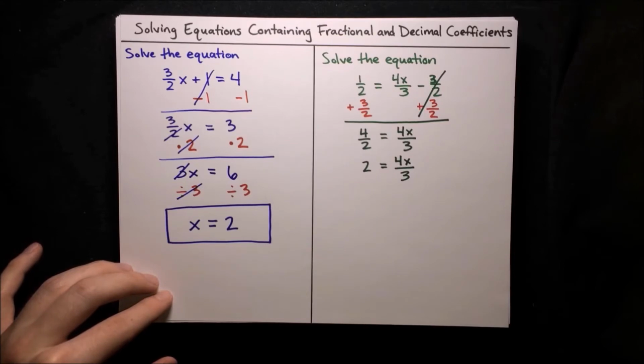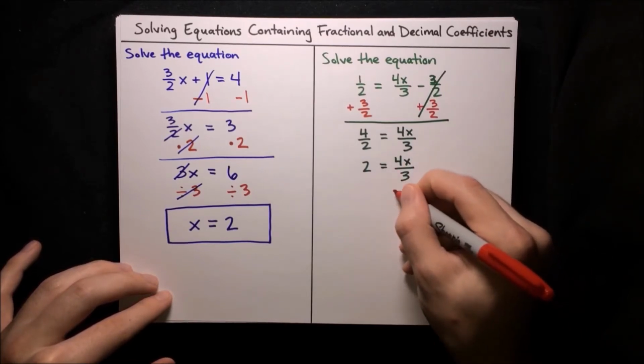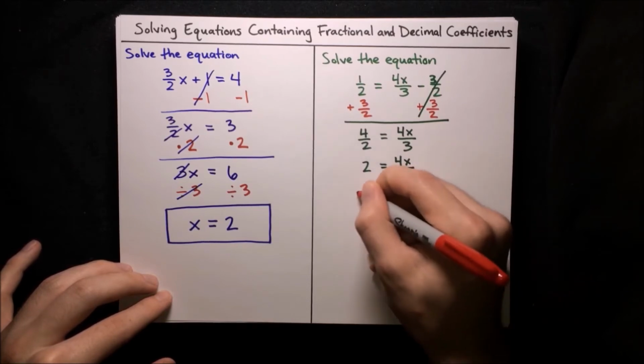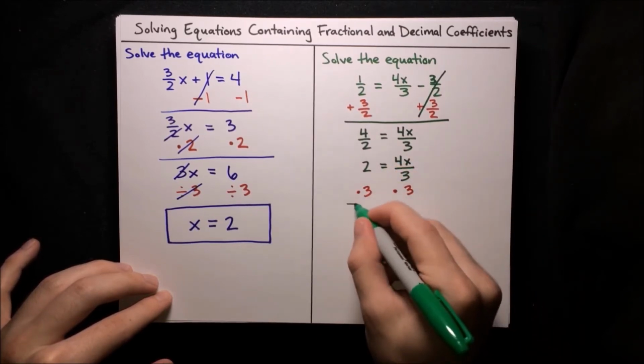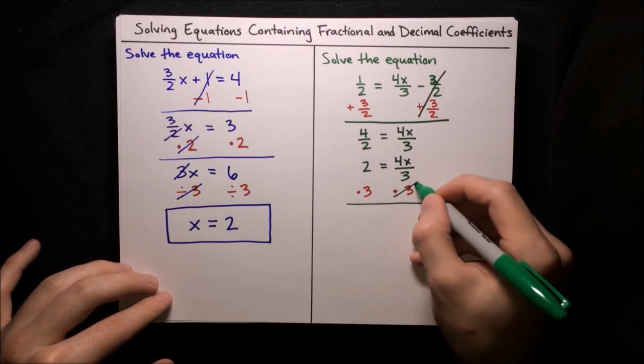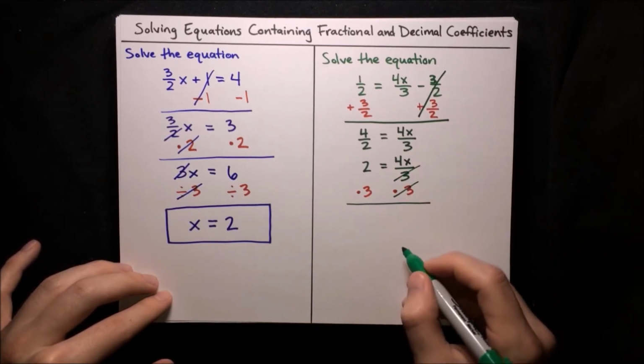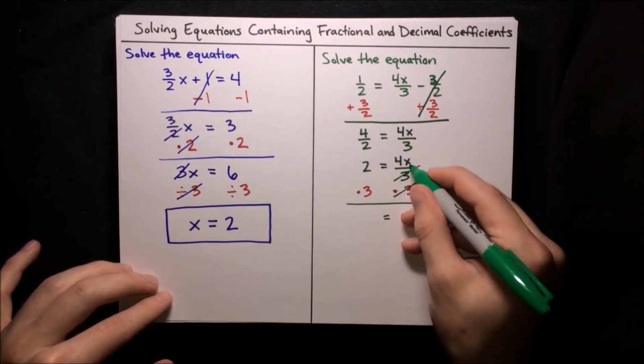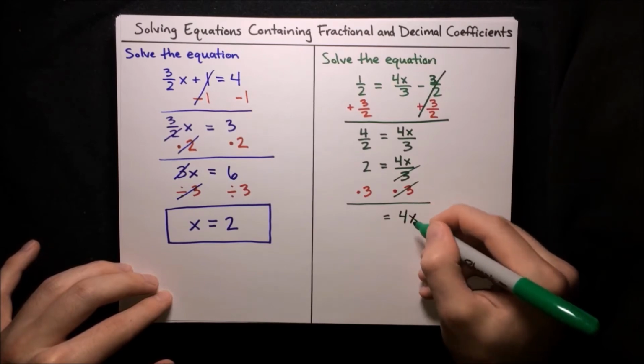First of all, to get rid of the 3, notice that 3 is just the denominator of a fraction, so we can get rid of it by multiplying both sides by it, the multiplication principle. Multiply both sides by 3, and this times 3 will cancel with the denominator of that fraction, and we'll just have the numerator, 4x, on the right-hand side.